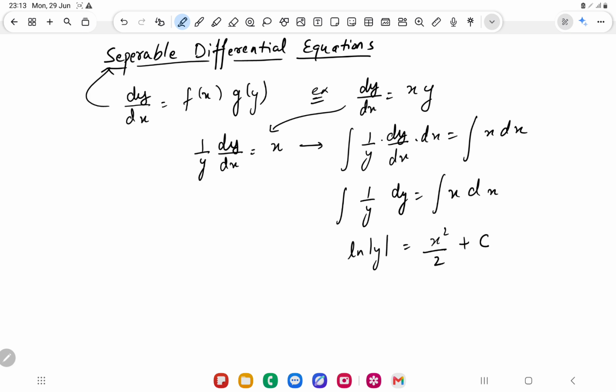Now you can leave your answer in this form, but what the examiner wants is the simplified form, in the form y is equals to something. Since I am removing ln, I can write it as plus minus e to the power x square by 2 plus c. So that becomes my answer.